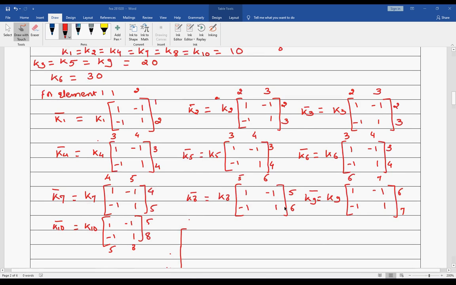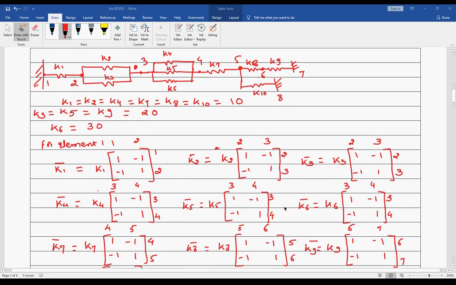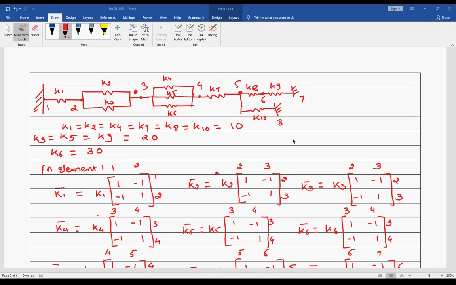So you can take a snapshot, those who have joined late. So this is the problem we are solving.